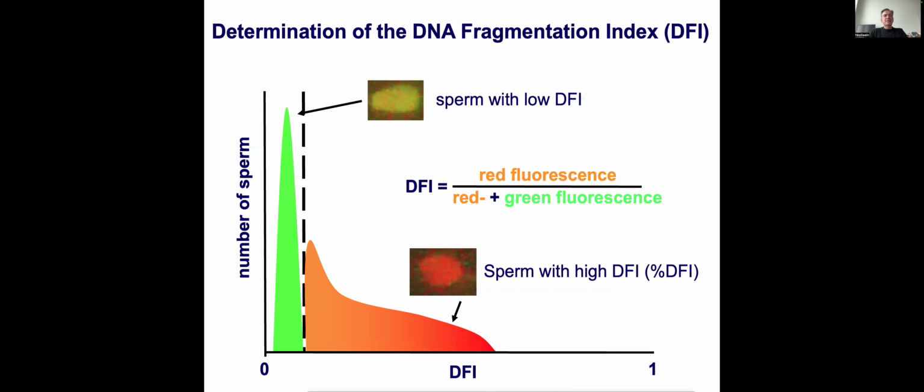And if we have this histogram showing here this DFI value, the percentage of red fluorescent, or the quotient red fluorescent divided by green and red, then you see here one population with red sperm and one population with green sperm. And this population is the sperm with a high DFI value. And normally this percentage of sperm is quantified.